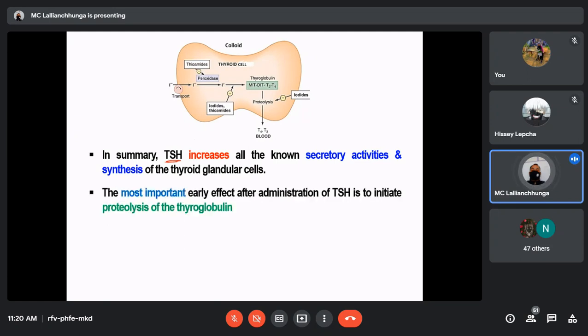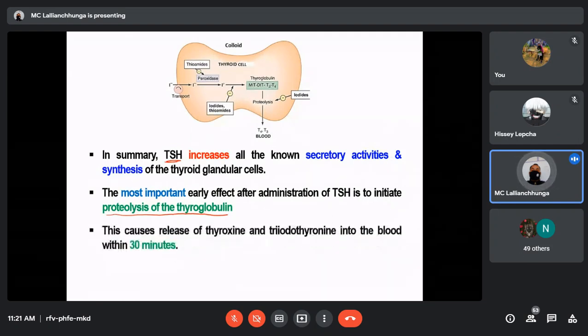Okay, T3 and T4. The most important early effect of administration of TSH is to initiate proteolysis of the thyroglobulin. So the first function of TSH, I've already told you, is the proteolysis of the thyroglobulin, that is separation of T3 and T4. This is important because this will happen within 30 minutes.